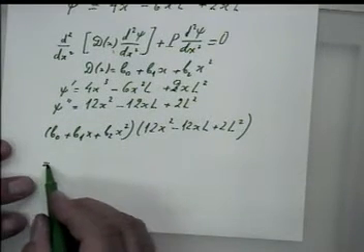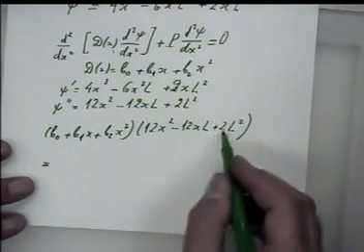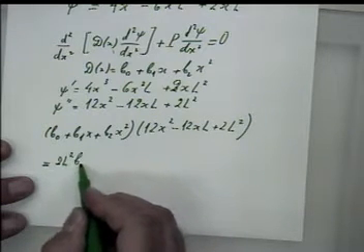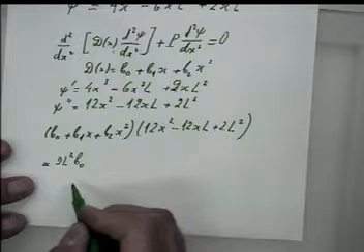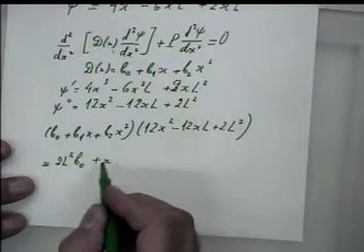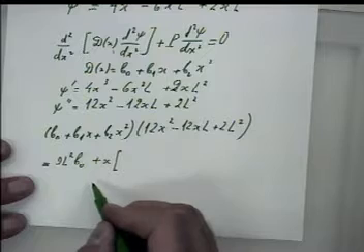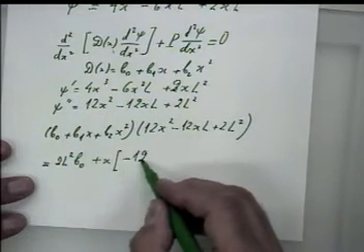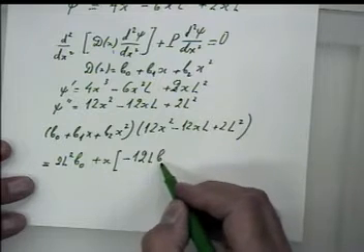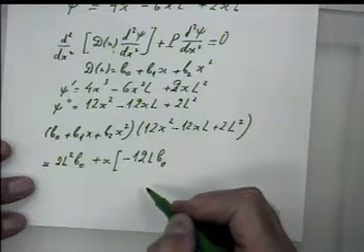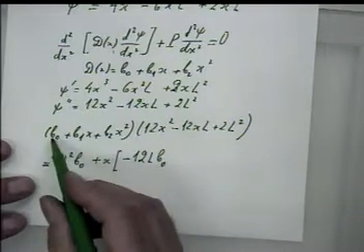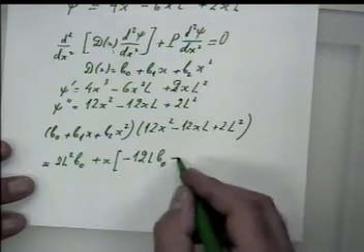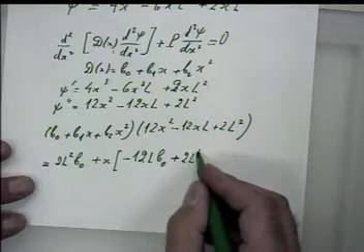Okay, so we get, first of all, the free term, b0 times this one. So 2L squared b0. There are no other terms. Plus x: b0 times this will give minus 12L b0, and b1 times this term also gives plus 2L squared b1.